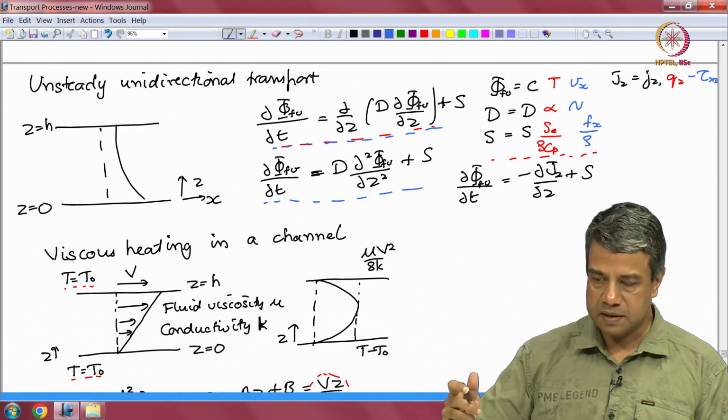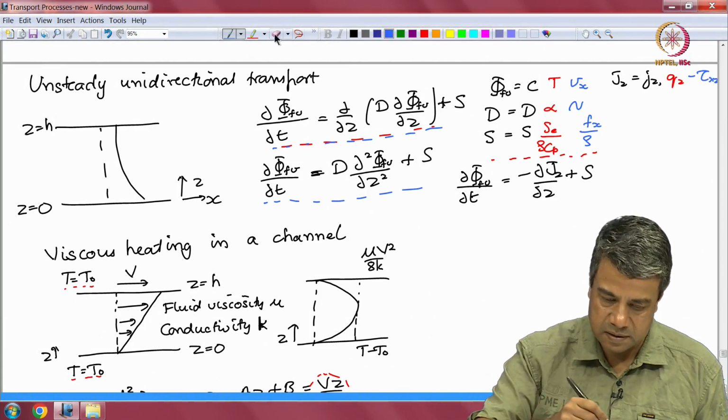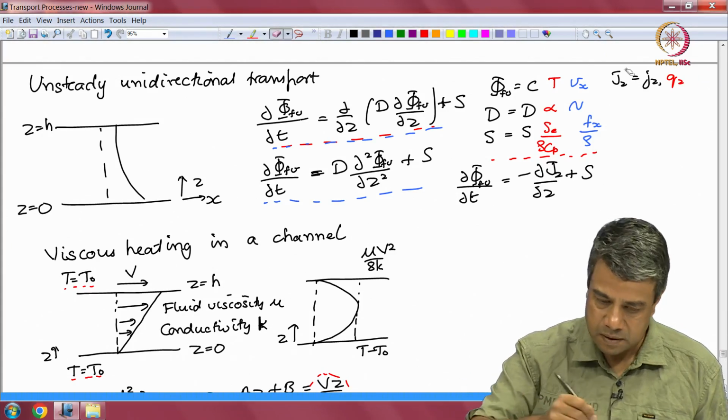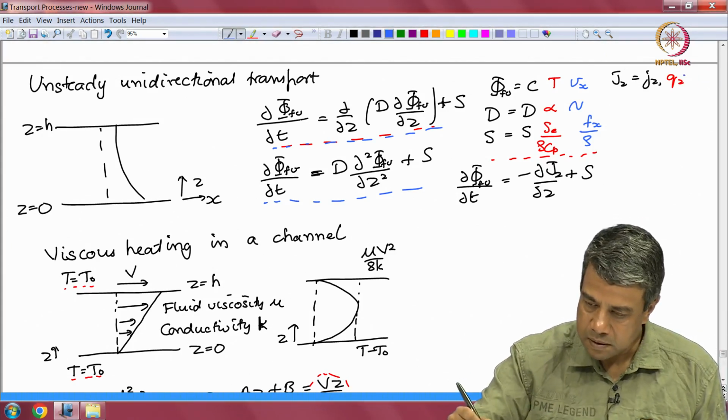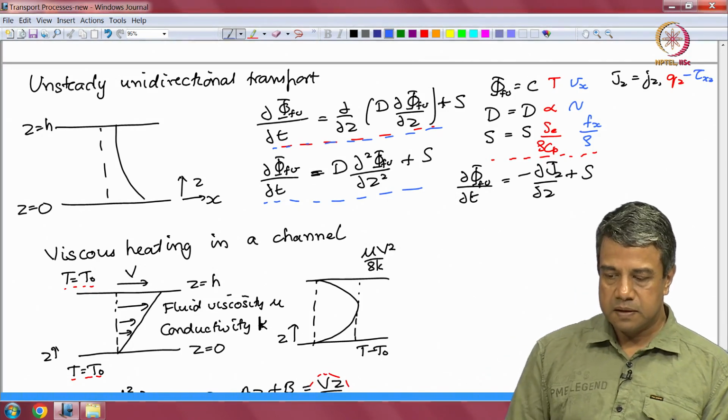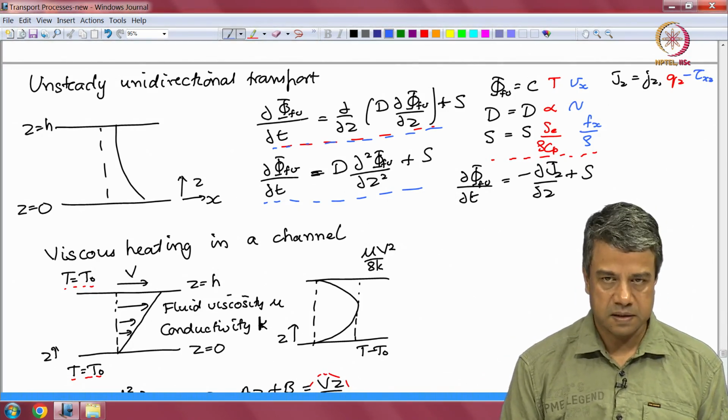Momentum flux is the negative of the shear stress. So, that is the expression in terms of the flux.